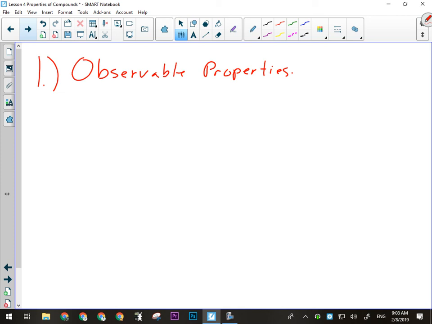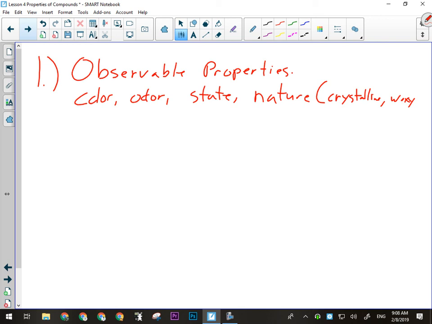Observable properties are things like color, odor, state, nature, and by nature I mean is it crystalline, or waxy, or something like that.